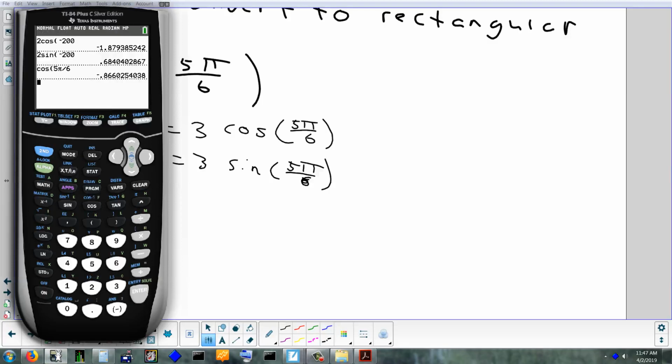Does anybody remember what that is as a fraction? It involves something we did when we did unit circle trig. What kind of fractions came up a lot when we did unit circle trig? They involved... what's that? Root 3 over 2.